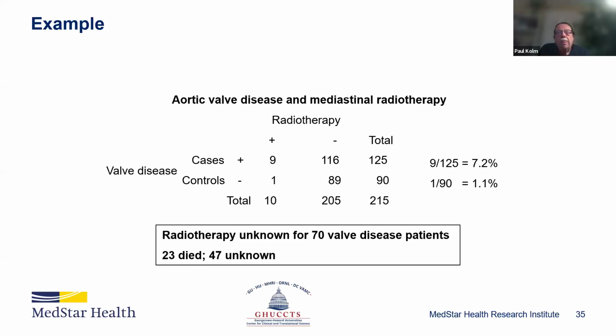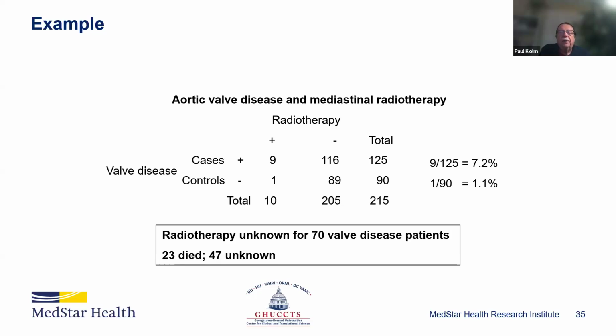What I've shown in this table is our complete data, but we have 70 other patients for whom we don't know whether they had radiotherapy or not, for the cases. 23 died and 47 are unknown.